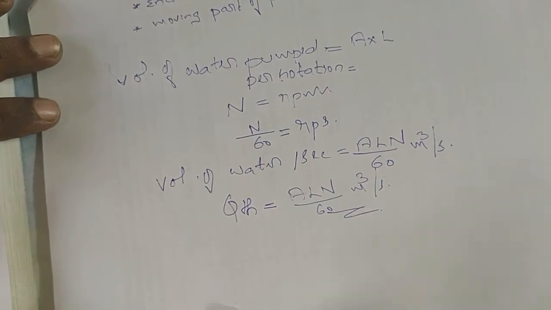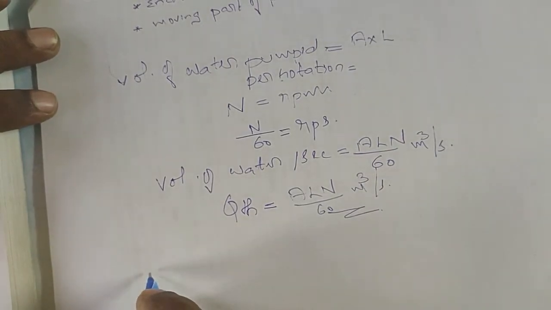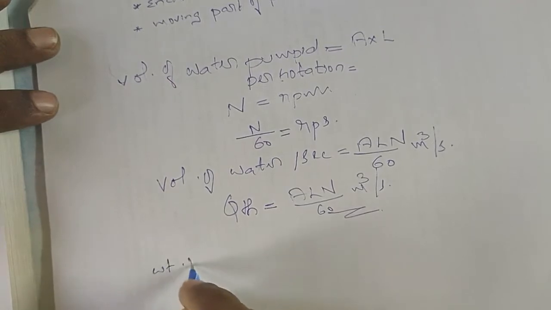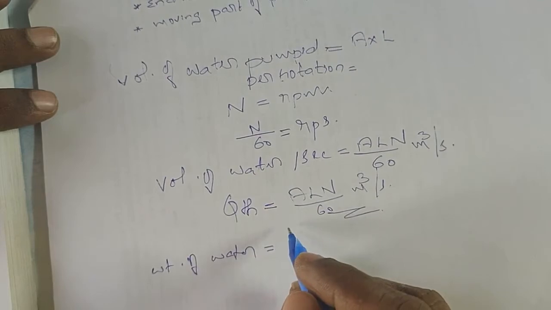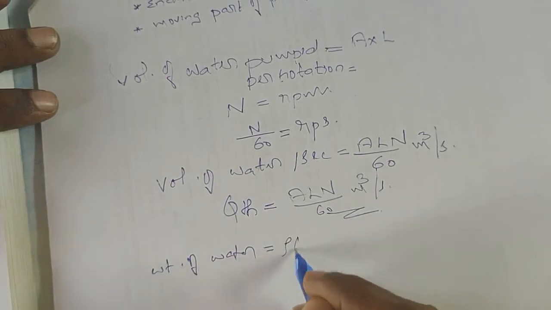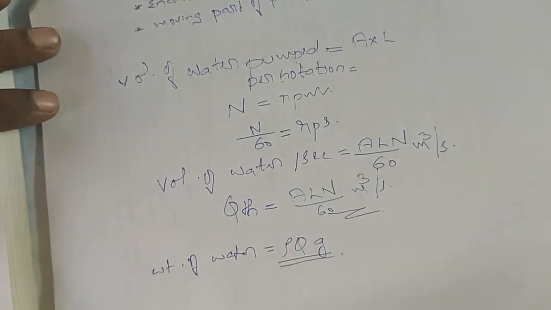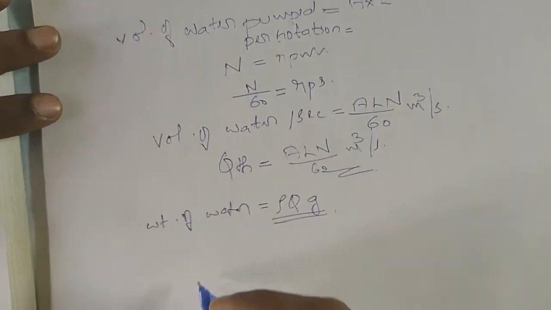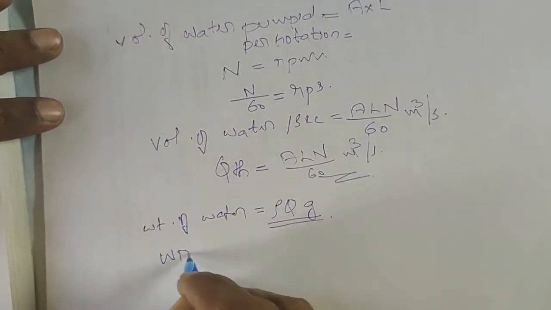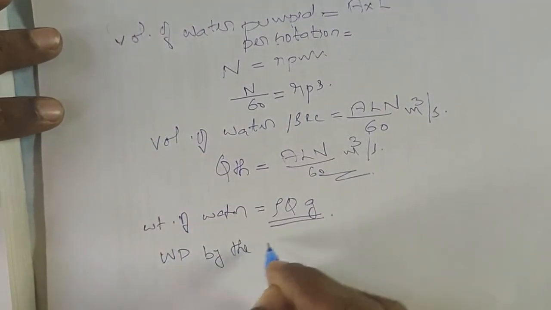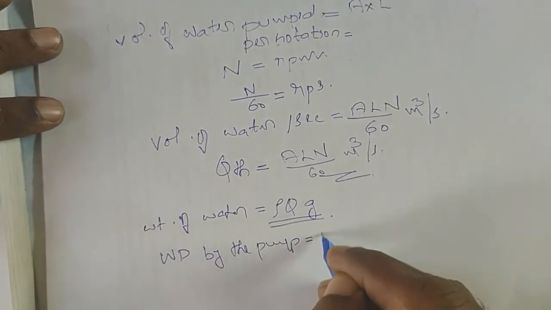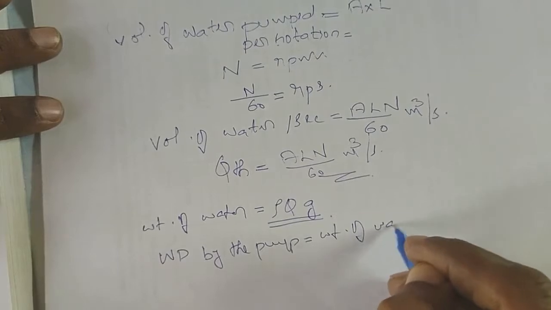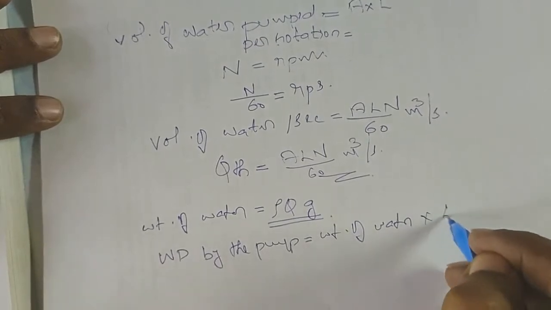And now the weight of the water pumped. We know that mass is rho Q, so rho Q g will be the weight of water pumped. So what will be the work done by the pump? Work done by the pump will be equal to the weight of water pumped into the total lift.